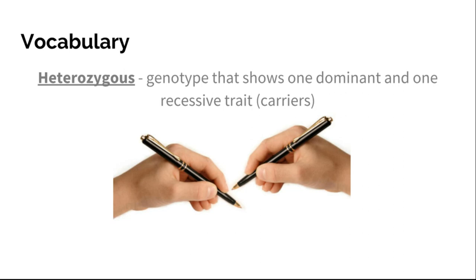And we actually refer to these people as carriers because this is their genotype, big R, little r. Someone who is heterozygous has the potential to pass on either the dominant gene or the recessive gene. Their genotype shows both traits, but they express as a phenotype right-handedness because capital R is a dominant trait, so it is masking the little r.